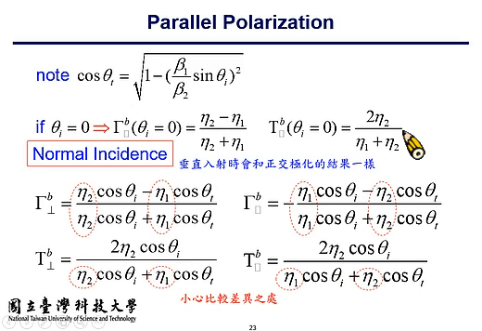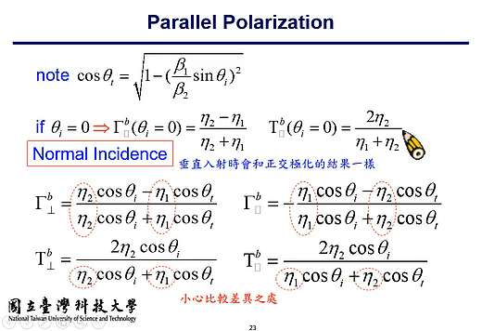Now there's a minus sign for the reflection coefficient representation for parallel polarization. For theta i equal to 0 degrees, you have eta 2 minus eta 1 over eta 2 plus eta 1. Here, if theta i equals 0 degrees, you have the minus of eta 1 minus eta 2 over eta 1 plus eta 2. So they are the same for normal incidence, and so is the transmission coefficient.